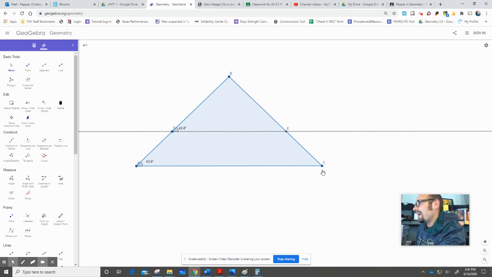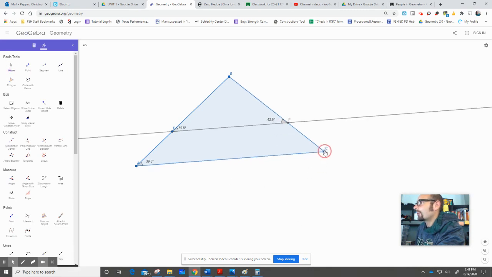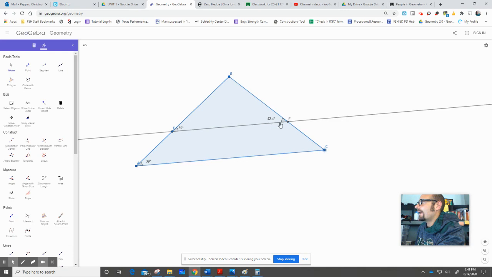The same thing is going to happen over here. So when we measure this angle BED, and it just so happens that angle's 43, I don't want to do that. Let's move that a little bit. So let's say we have that angle there, 42.4. This angle here is going to be equivalent to this angle down here. I wanted to change the numbers up so we didn't get confused.